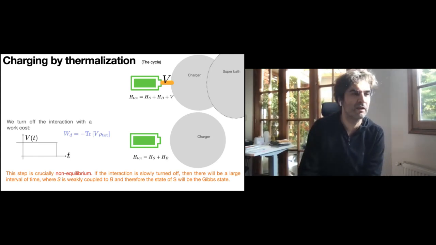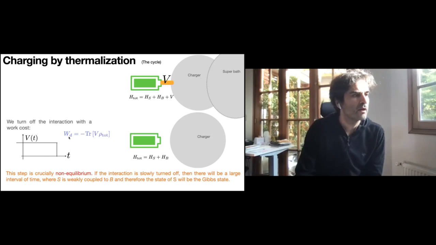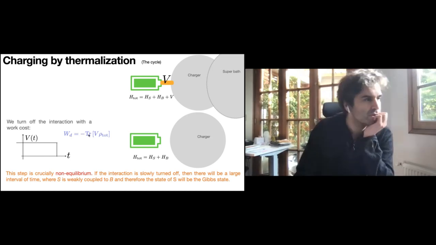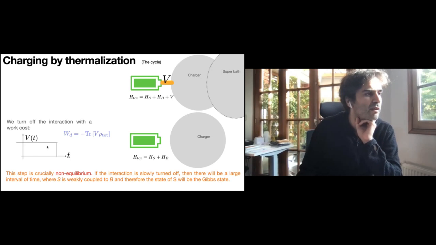We have this Hamiltonian, and therefore the energy cost for disconnecting is given by this expression. So we do this very fast. For this talk, it is done abruptly.